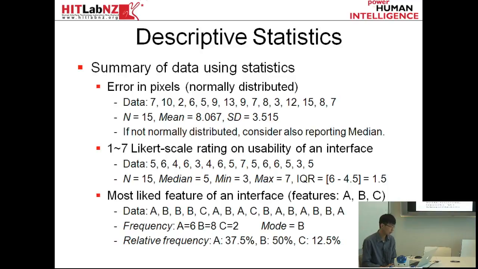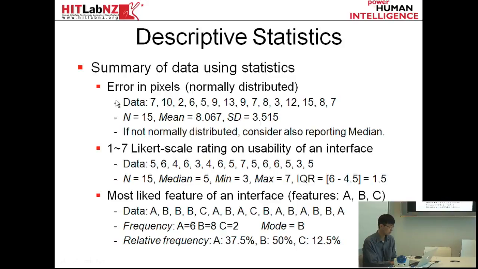So just to recap, descriptive statistics was all about summarizing the data you've collected. So if you had 20 participants, instead of reporting all 20 numbers, you summarize them into a couple of statistics so that the readers can better understand and get a picture of the overall sample you've collected.